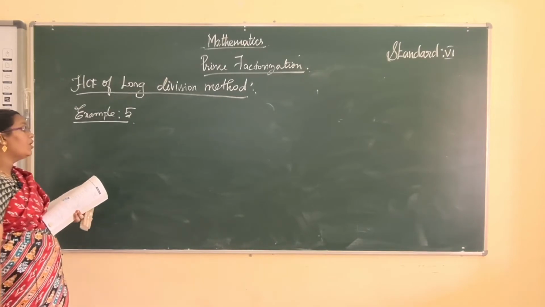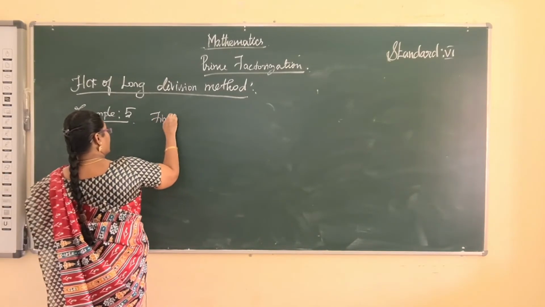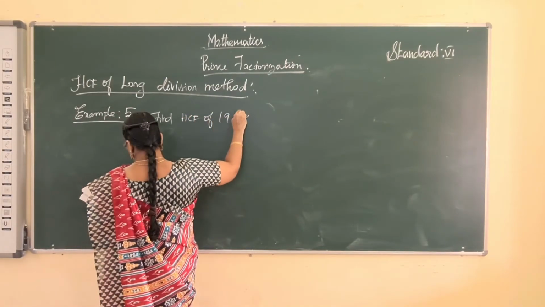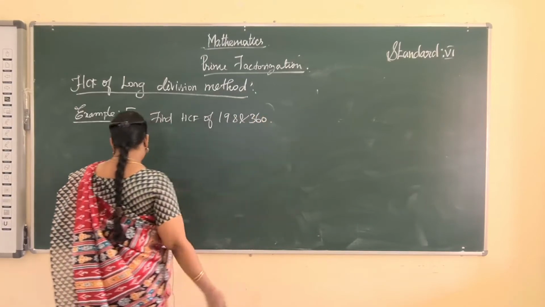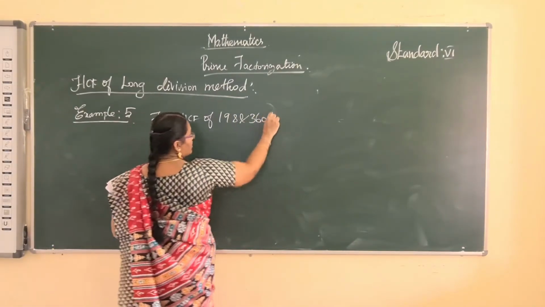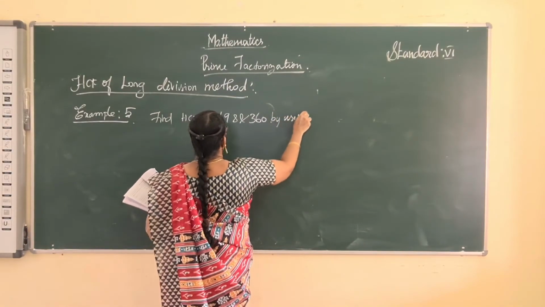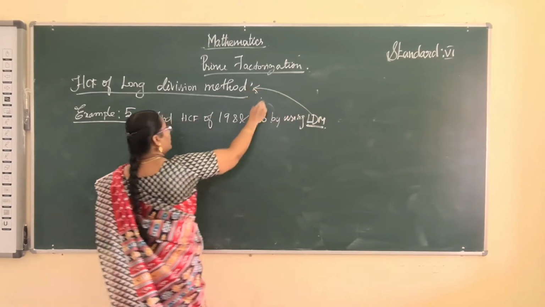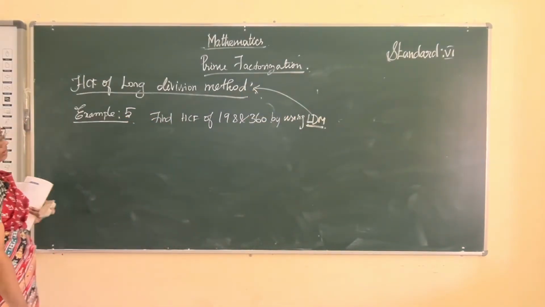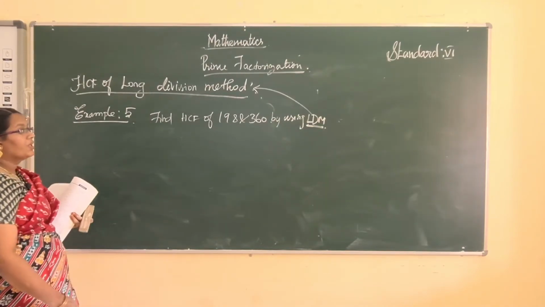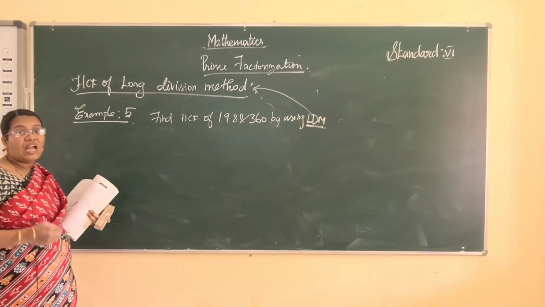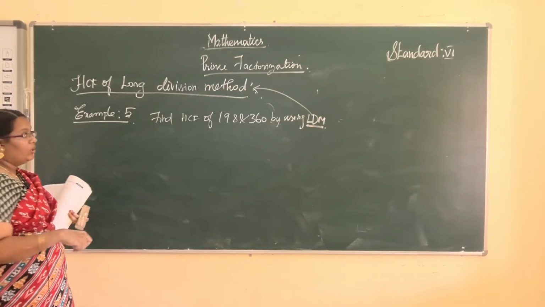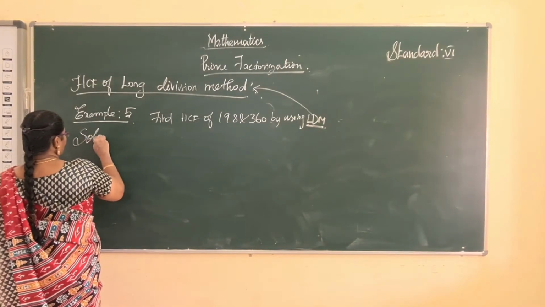Find the HCF of 198 and 360 by using the long division method. Listen here: the smallest number is considered the divisor, and the largest number is considered the dividend. Okay, so write the solution.